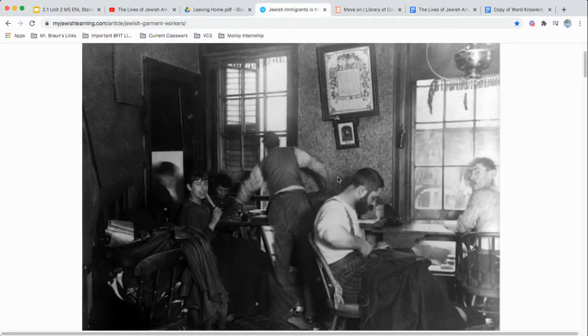So in this image, you could see they worked in what was called a sweatshop. And it wasn't called a sweatshop because it was hot, but because the labor was sweated out of them. They were only paid for what they produced. So as you could see in this picture, their lives were challenging, were difficult, were very hard for them to make money.